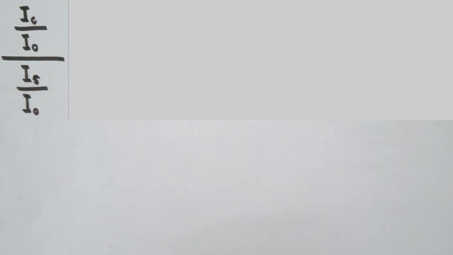Next, in order to compare the two intensities, we have to divide them, which is written as I sub C over I sub naught over I sub S over I sub naught.